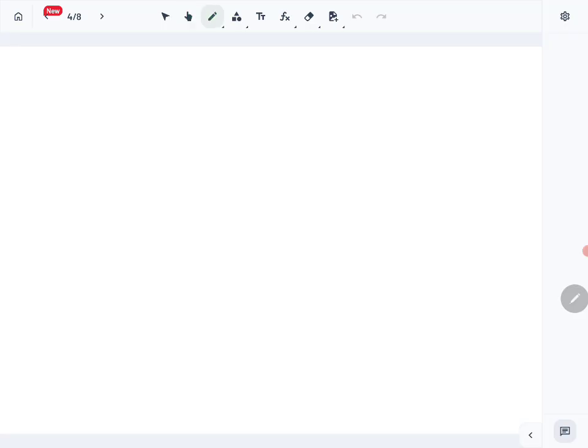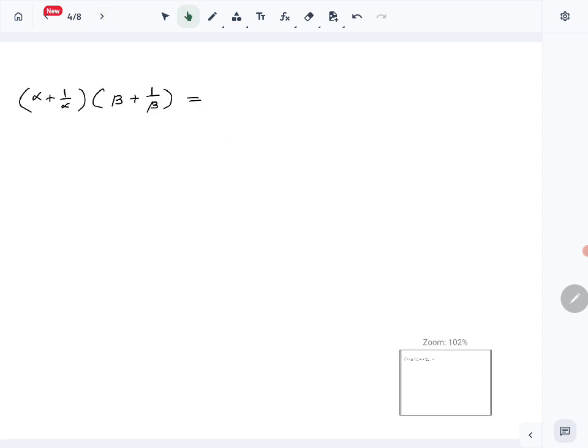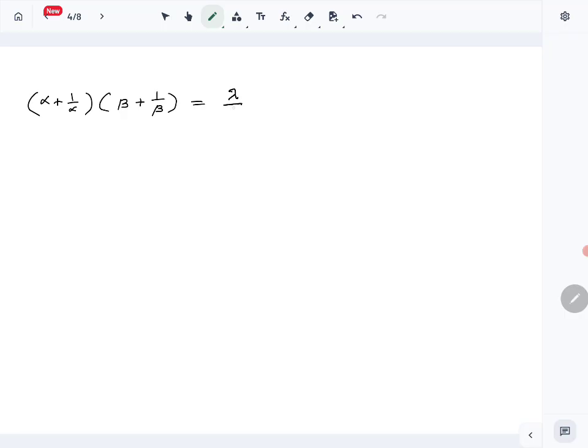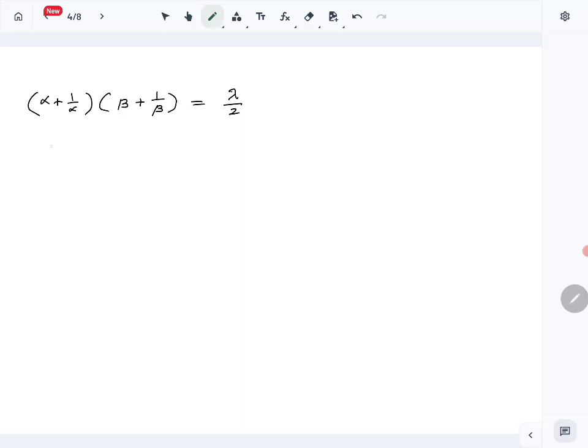So alpha plus 1 over alpha times beta plus 1 over beta is going to be equal to what? c over a. So c is lambda, a is 2, so lambda over 2, right? Lambda over 2, and we already found the value of c, so we will use that. We will use c equals half when we are doing this calculation for lambda, right? Now simplify.